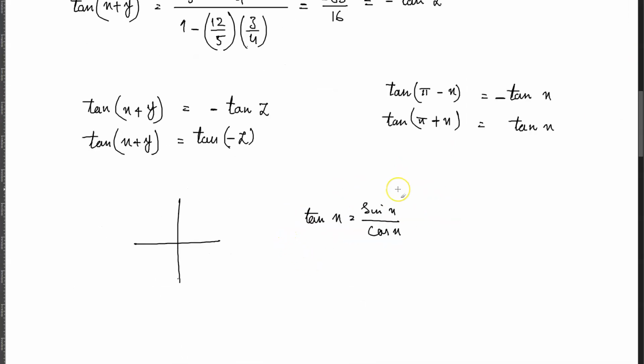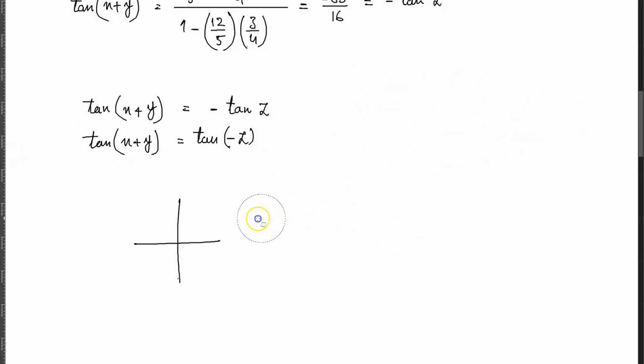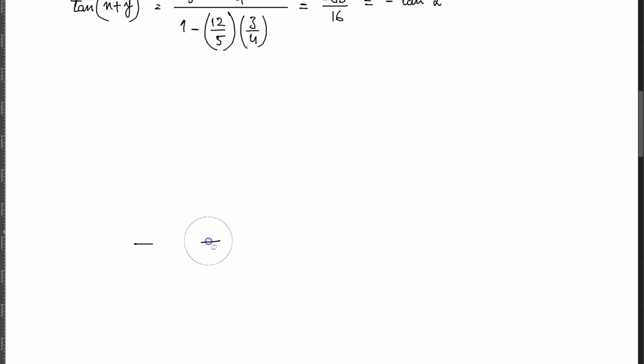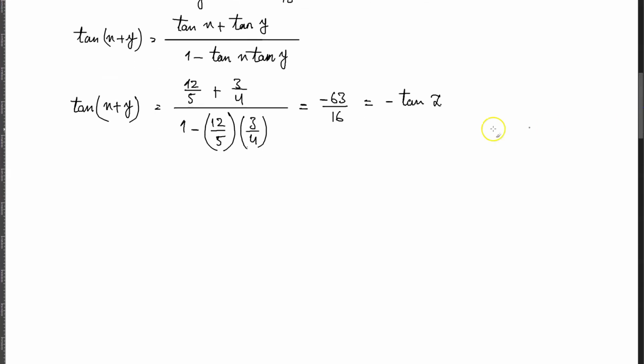Okay, so now here we need to do a couple of things. These are all important problems that you need to understand how to solve. So based on what we saw, you can say that tan of x plus y is equal to negative tan of z, right?